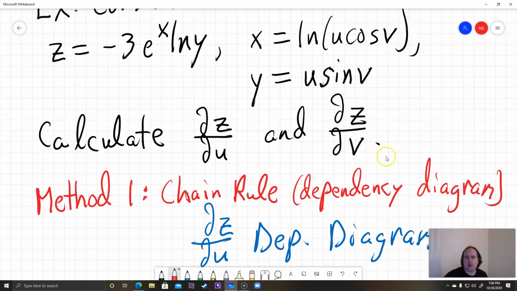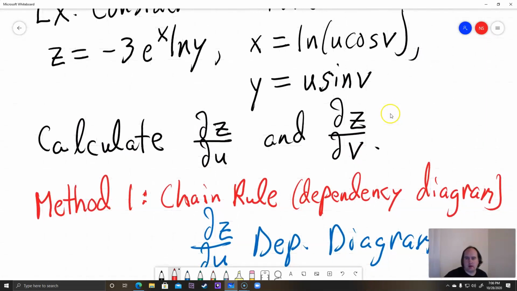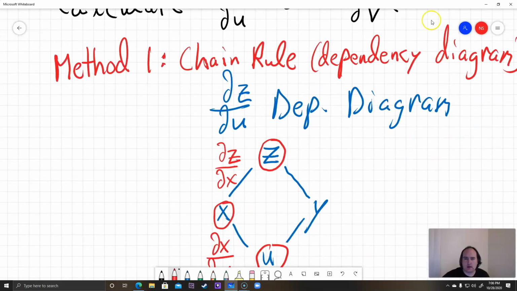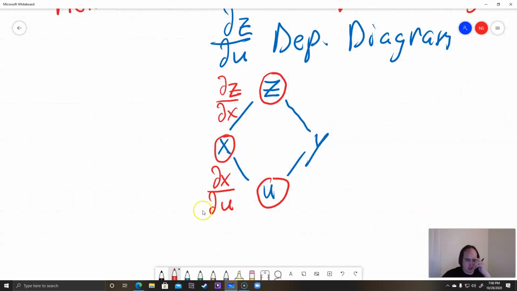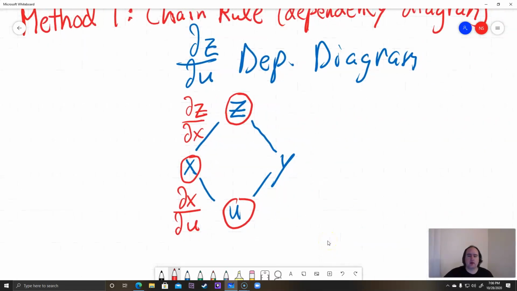And remember, x and y are functions of two variables, so we're going to actually have a partial derivative here. On the right side we do the same thing. From top to bottom we have partial z, partial y, and then going down we have partial y, partial u.